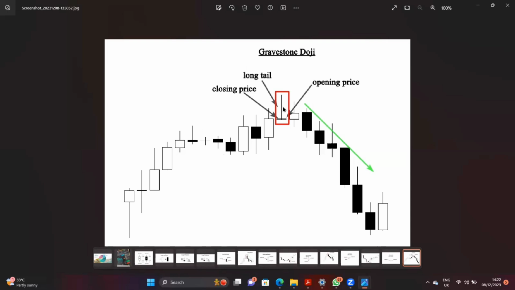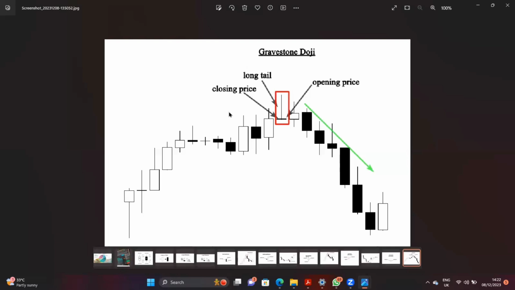For this pattern to be reliable, it must occur near a resistance level. When we get to learning about resistance, demand and supply, that will be in the next phase, on the next badge. We'll have candlesticks to talk about on this badge.